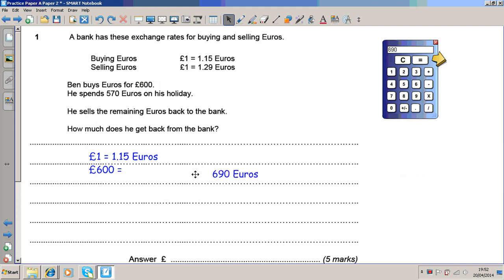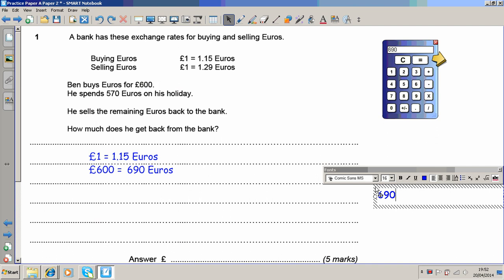So 690 euros is how much he gets in the first place. He then spends 570 euros, which means he's got 120 euros left over.